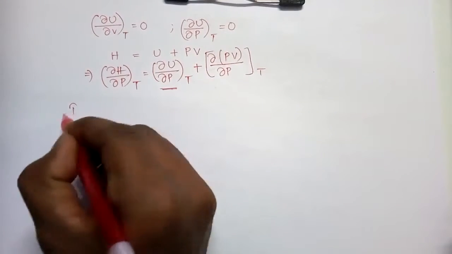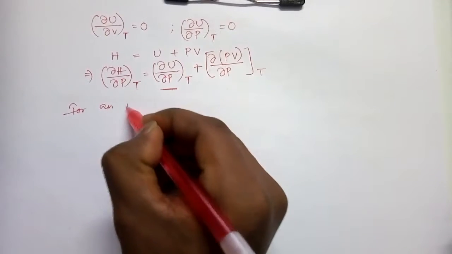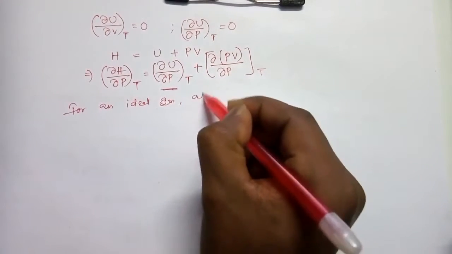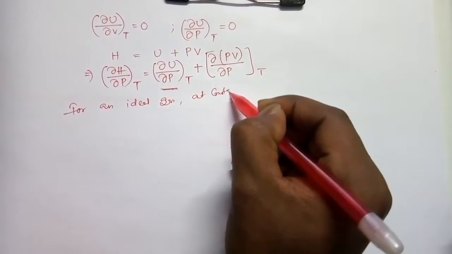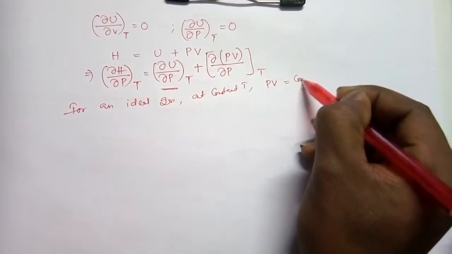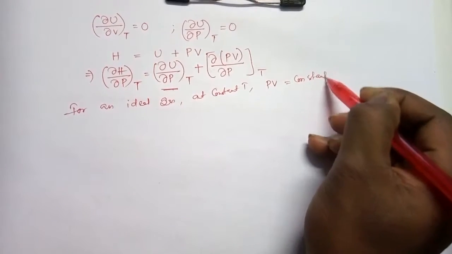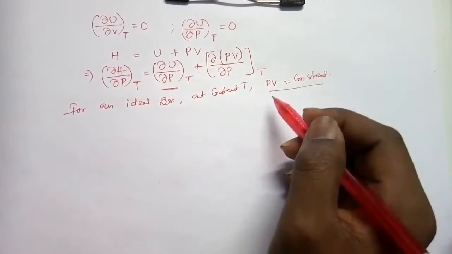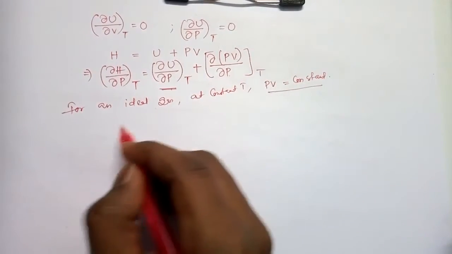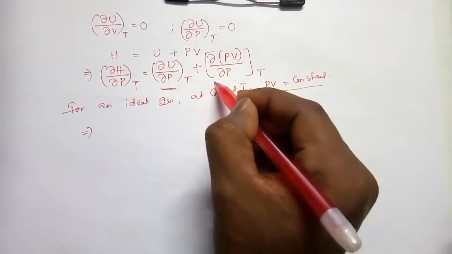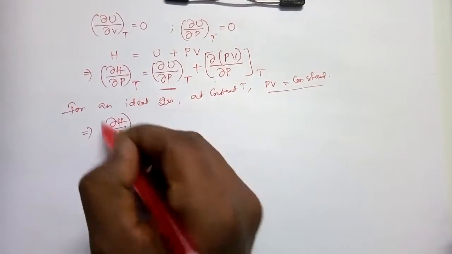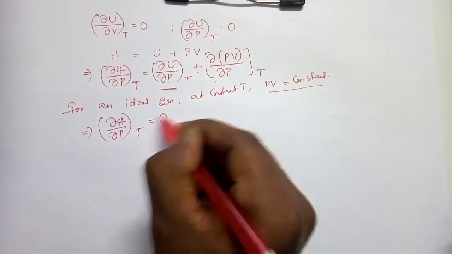Now for an ideal gas, at constant temperature PV equals a constant. Differentiating a constant term with respect to pressure will always produce 0, so this term also produces 0, then del H del P at constant T equal to 0.